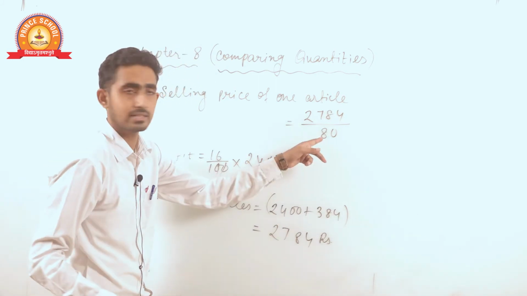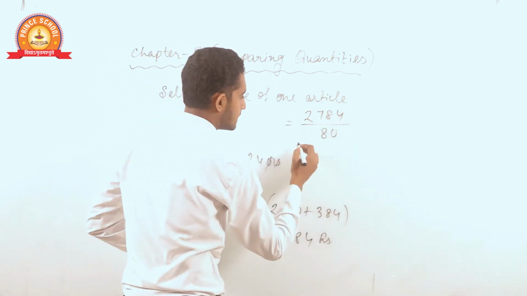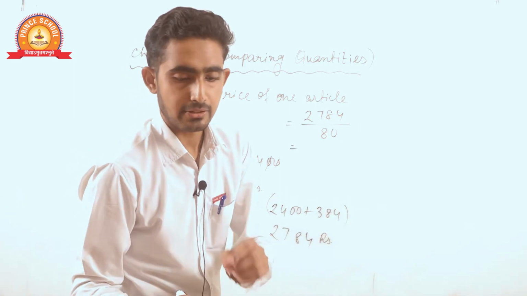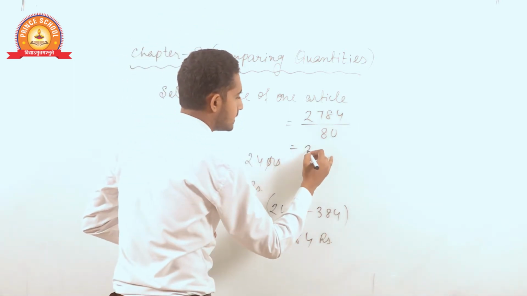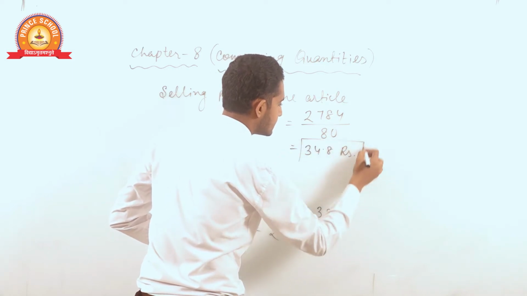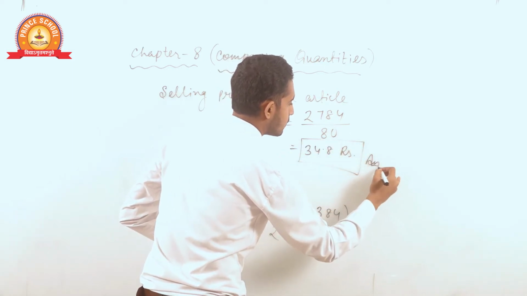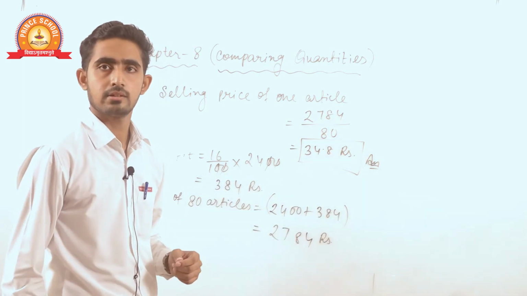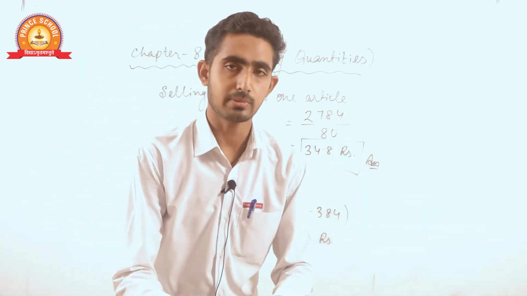If you divide, your answer will come 34.8 rupees. That is the selling price of one article. Question number 3 is completed.